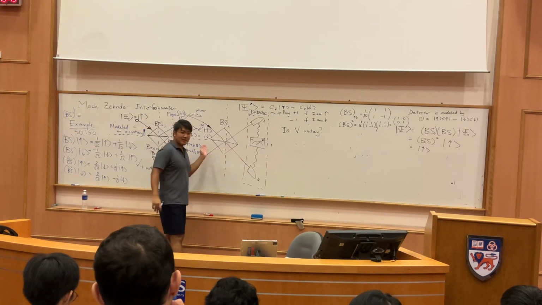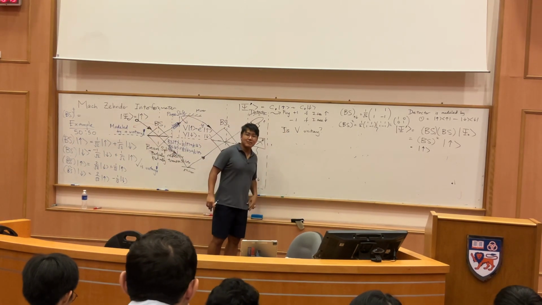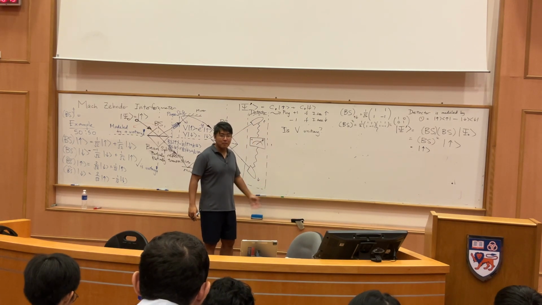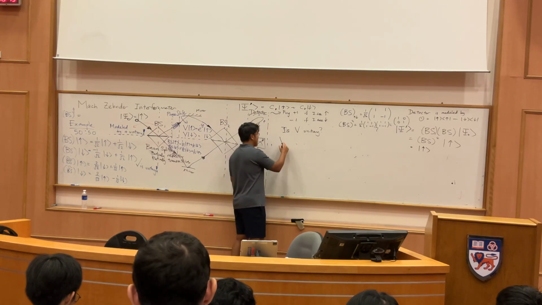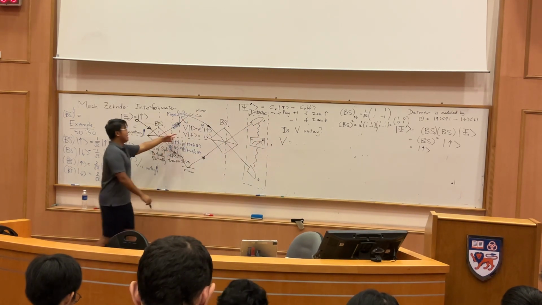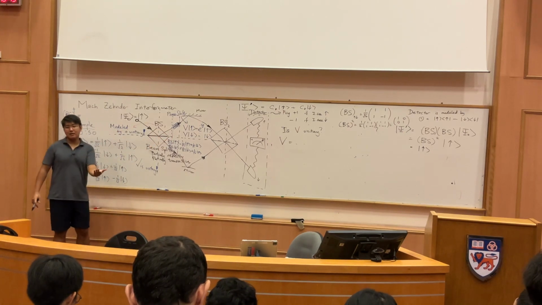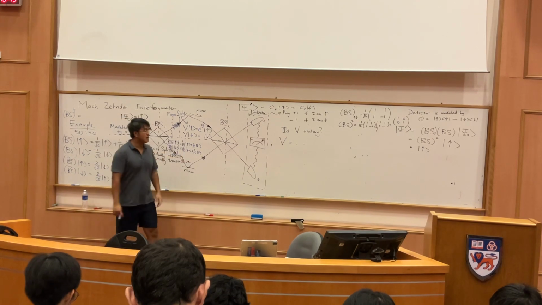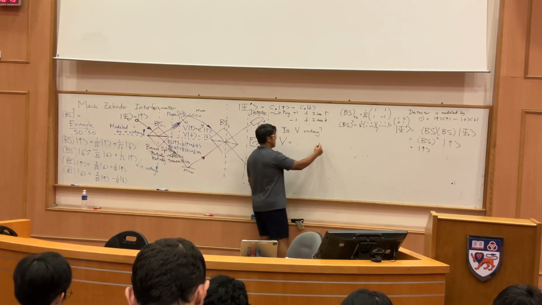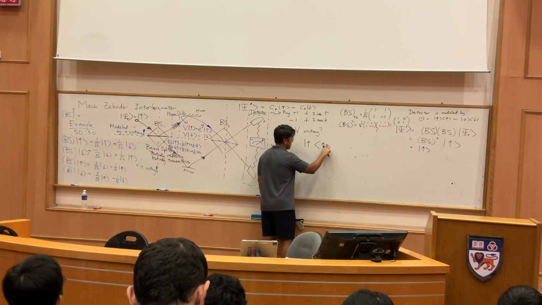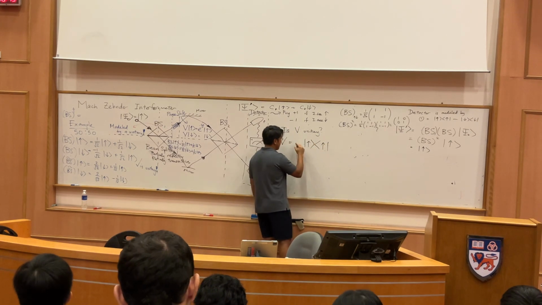Okay, so let's again repeat the analysis that we did for the beam splitter. Let's write it in Dirac form. So what is the Dirac form of V? Again, it takes in up, it spits out up with a phase.